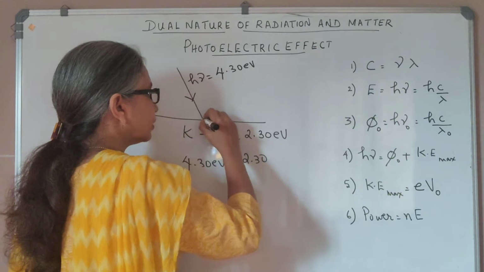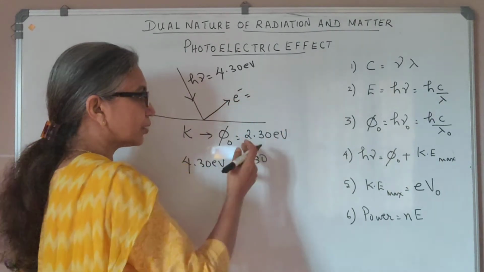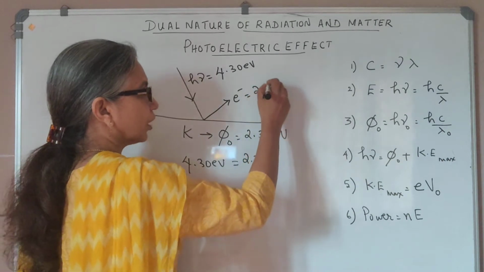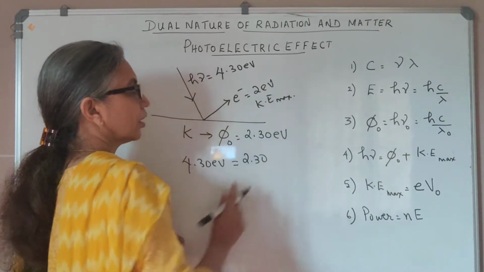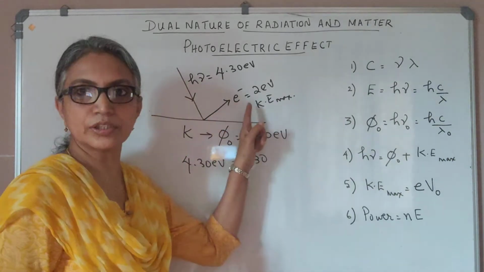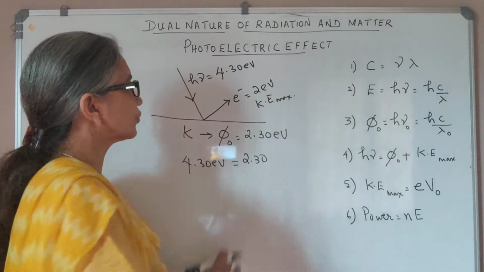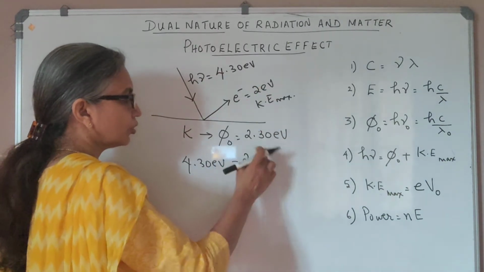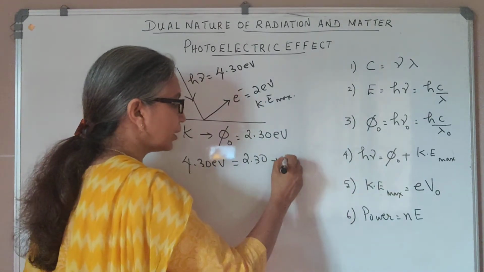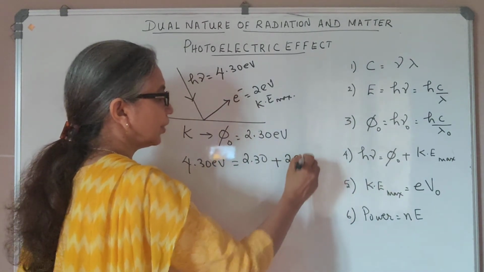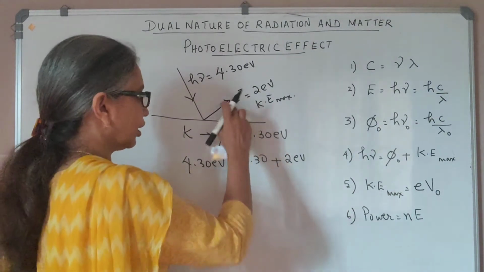So the emitted electron must carry the remaining 2 electron volt as its maximum kinetic energy. The remaining 2 electron volt will be given as kinetic energy to the emitted electron.